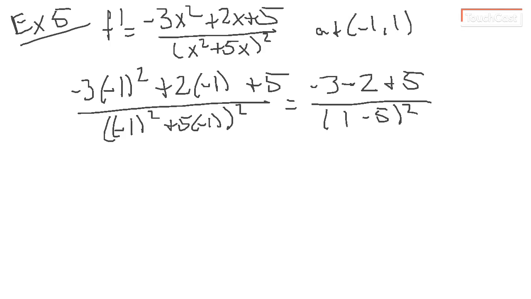And I actually noticed something. I noticed my numerator, negative 3 minus 2 plus 5, equals 0. And I also noticed that my denominator is going to end up being negative 4 squared. Well, it doesn't really matter what negative 4 squared is, because we're just going to get 0. So that's the slope.